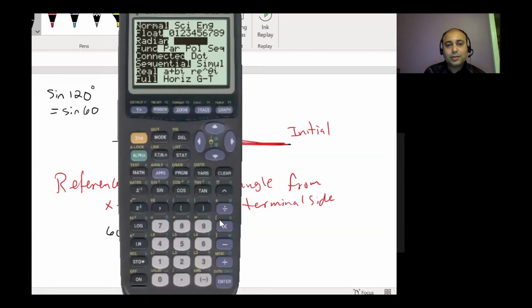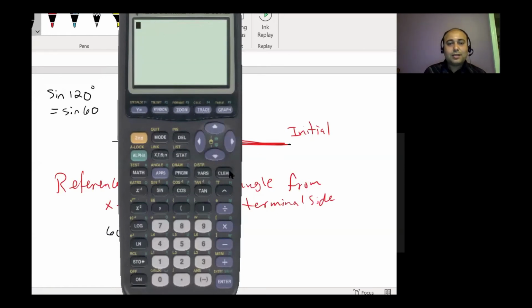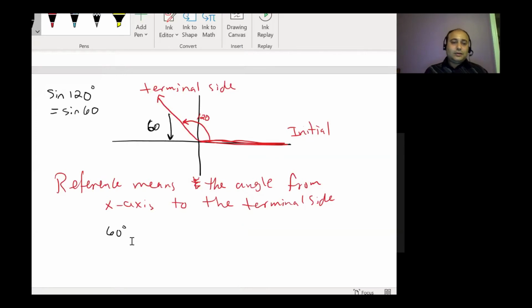Let me put it in degrees. Got it. So sine 120 is equal to this, and sine 60, the reference angle, is 0.866. I'll remind you later and show you where to get this calculator. So sine 60 is the same as sine 120.